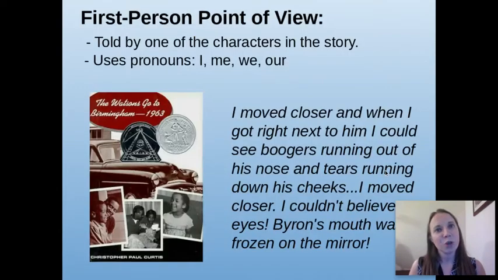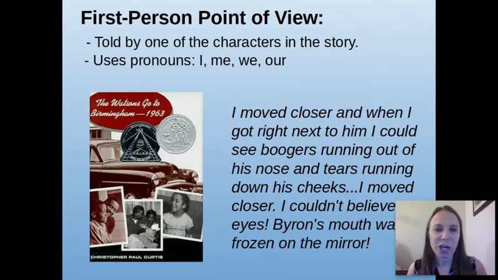So now I want to show you a few more examples and review the pronouns that you'll see with each point of view type. So again, if it's first person point of view, it's told by one of the characters in the story. And a really good example is our third quarter novel, The Watsons Go to Birmingham. If you look at this excerpt down here, if you remember who the narrator is, it's Kenny Watson. And when he says, "I moved closer, and when I got right next to him, I could see boogers running out of his nose and tears running down his cheeks.